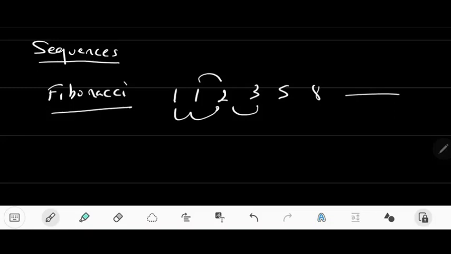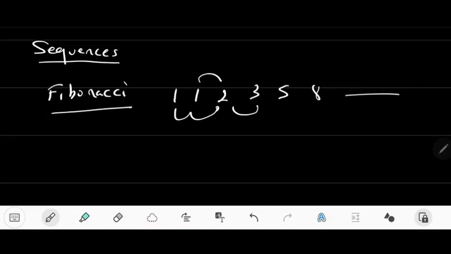I will send you a document that you can read for your own information, to see how the Fibonacci numbers can be applied in many different areas.